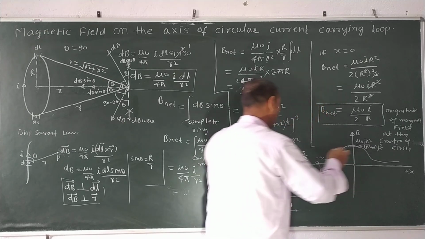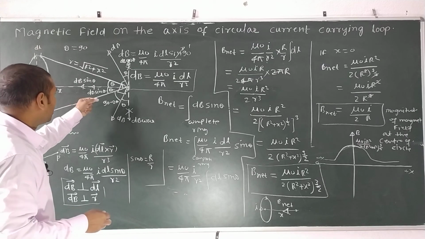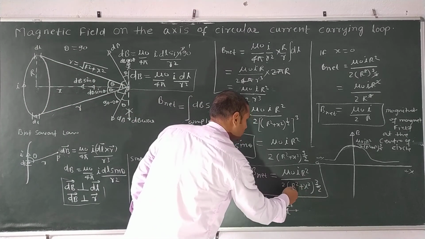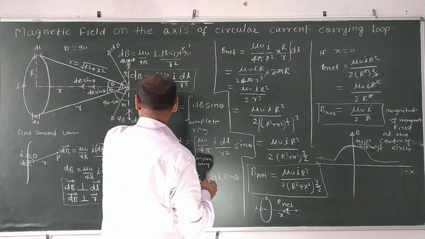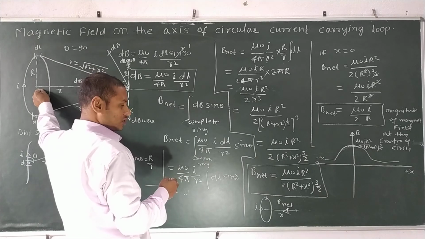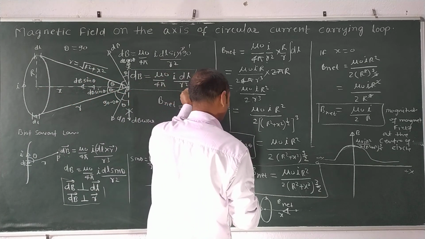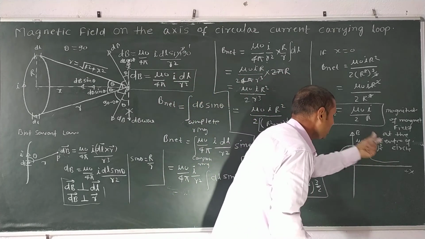As you increase the value of x, if you go away from the center, the magnitude of magnetic field will be decreasing.